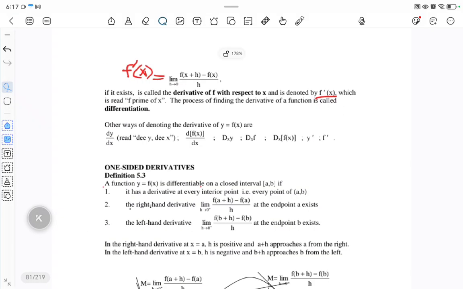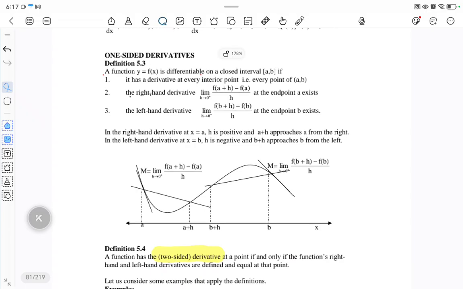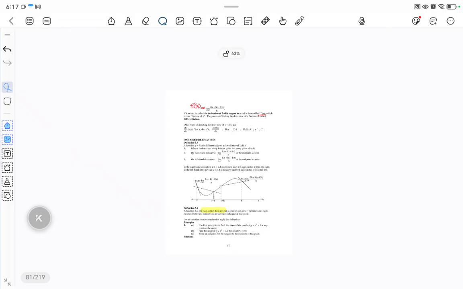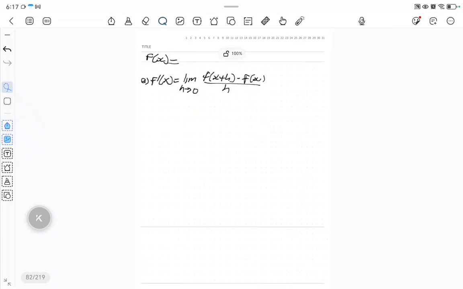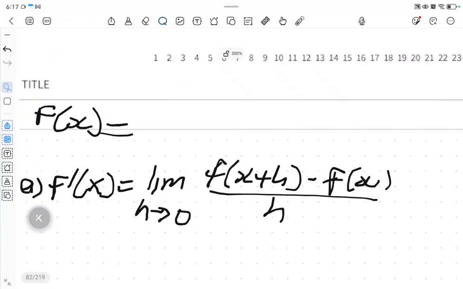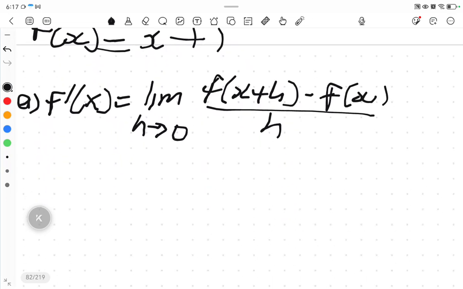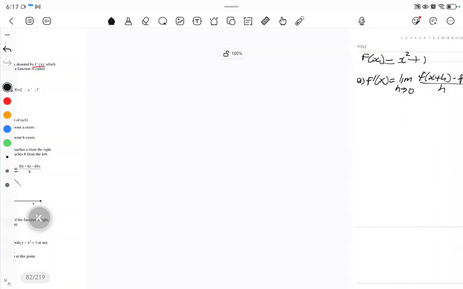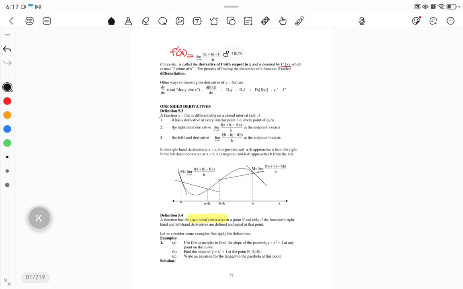The equation was x squared plus 1, right? So they're saying that we should use first principle to find the slope of the parabola at any point.